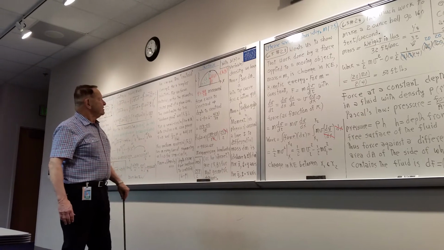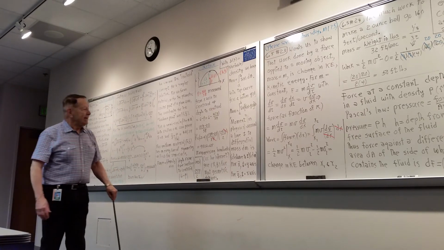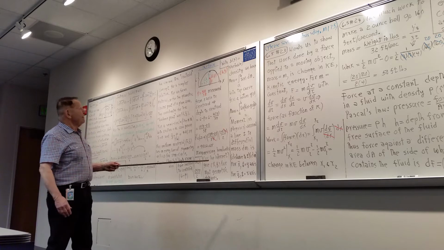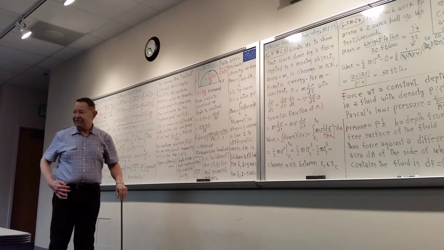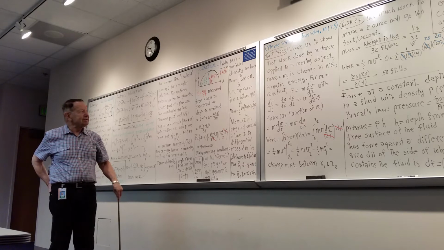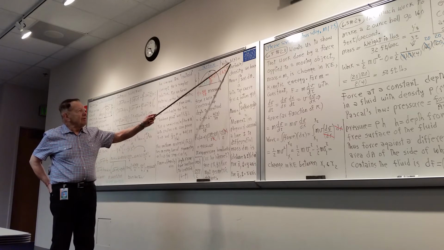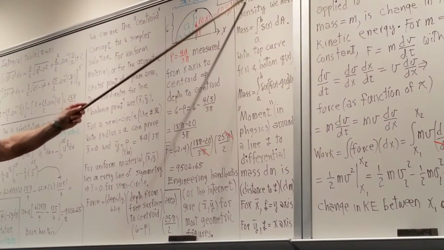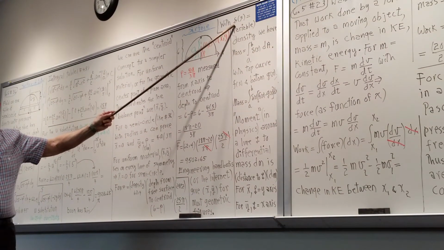Okay, so now let's finish today, and this is the start on what we'll work on tomorrow, section 6.6, with density variable. Say this is the Greek letter delta.